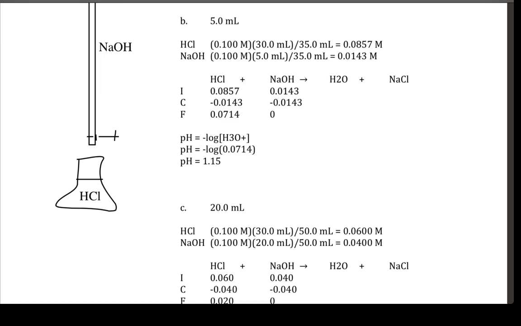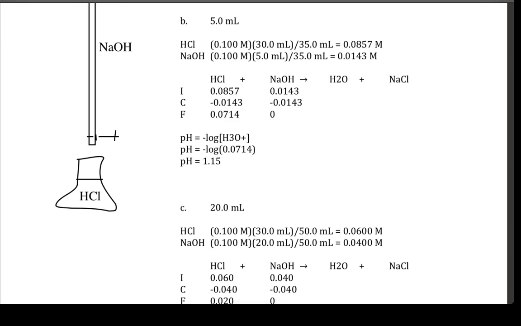So we can picture it as, right before the NaOH and the HCl have reacted, we have diluted each one by the other. So first off, we have to use the dilution equation M1V1 equals M2V2 to determine the initial concentration of the NaOH and the HCl right before they react.